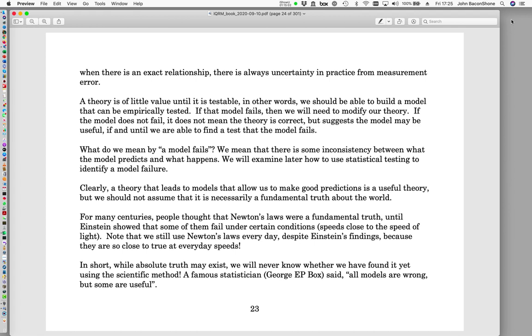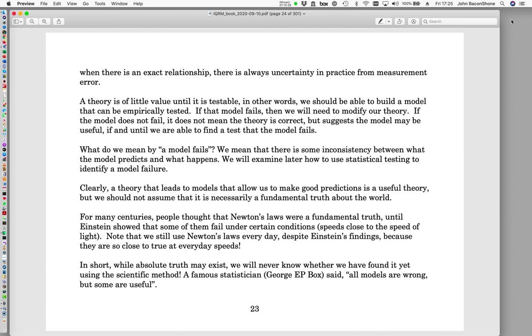So clearly, a theory that leads to models that allows us to make good predictions is a useful theory, but we should not assume that it is necessarily a fundamental truth about the world. So the classic example, as I mentioned before, is Newton and Einstein. So in fact, for many centuries, people thought that Newton's laws were a fundamental truth given by God, until Einstein showed that some of them fail under certain conditions.